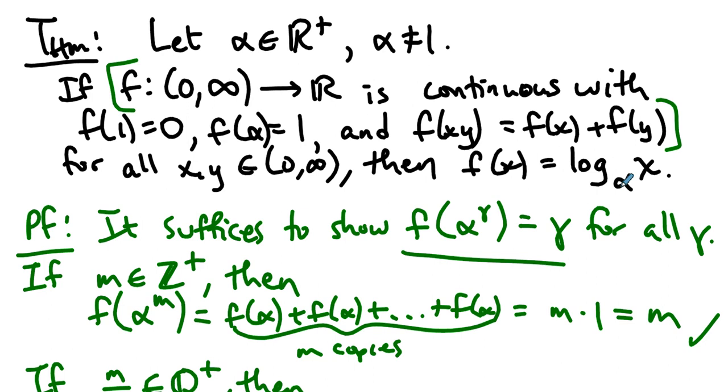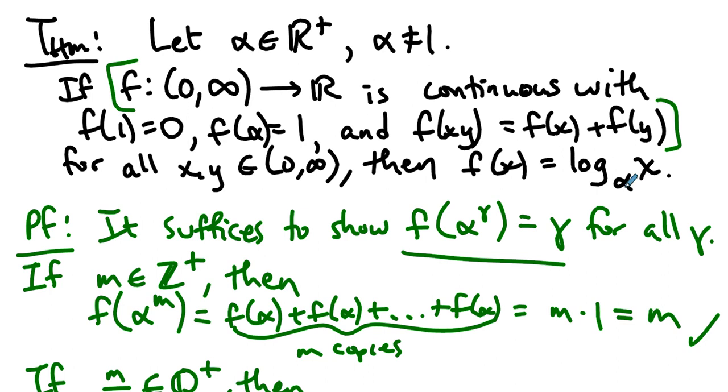So therefore, if you ever find a function whose domain is positive real numbers, passes through (1, 0), passes through alpha, 1, and satisfies this property as the log function does, as the a of x function did, then it has to be this log function.